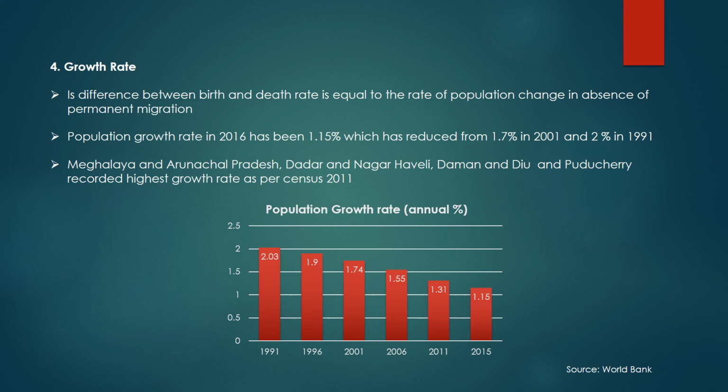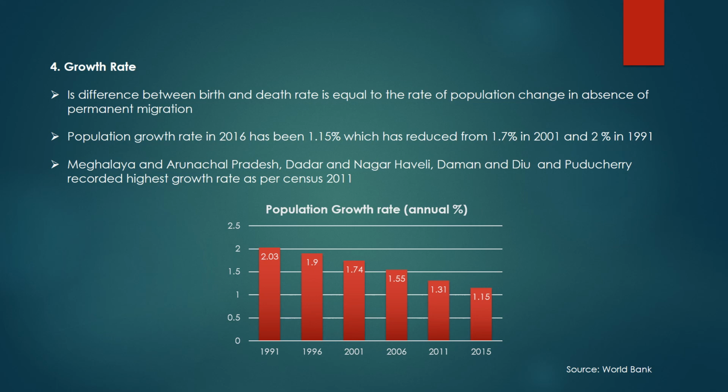Next is population growth rate. It is the difference between the crude birth rate and crude death rate. The higher the difference, the higher would be the natural increase in population of that country. It assumes that there has been no permanent migration during the period of calculation, because the percentage of permanent migration, if any, has to be subtracted from the total percentage of change in population.